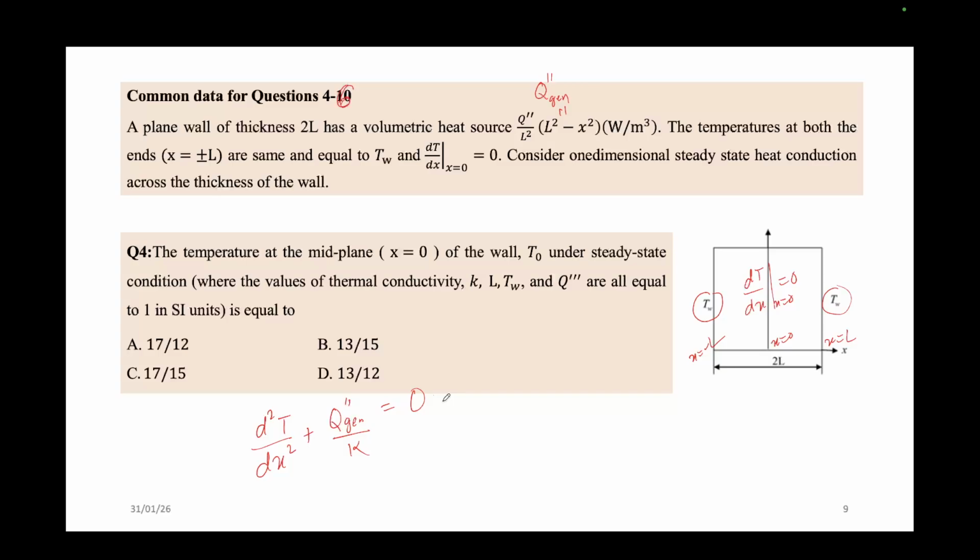It is okay. So in the question, this q generation is given, right? So can I write del square T by del x square equal to minus q gen by k? What is q gen? Q double dash by k L square.